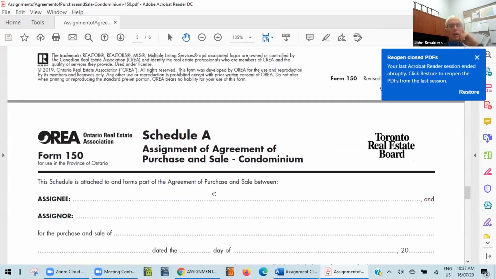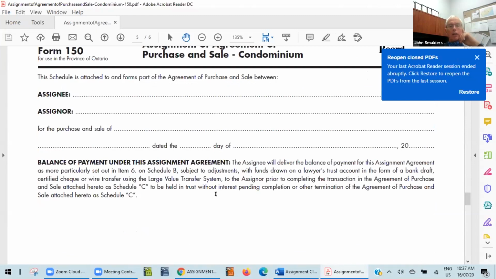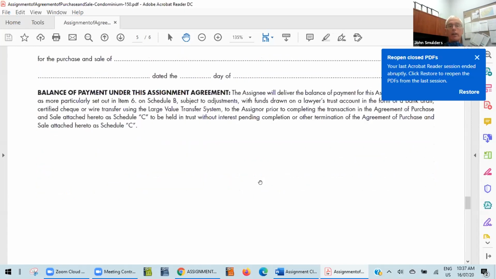All in all, you have Schedule A in here, and it says here the balance of payment under this assignment agreement. The assignee will deliver the balance of this payment for the assignment agreement as more particularly set out in item 6 on Schedule B, subject to adjustments, with funds drawn on a lawyer's trust account in the form of a bank draft. Very, very similar to what's in a normal agreement of purchase and sale.